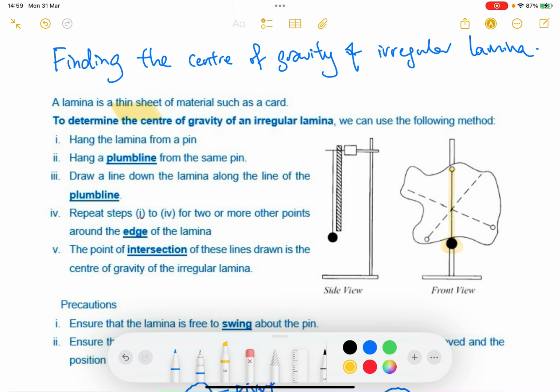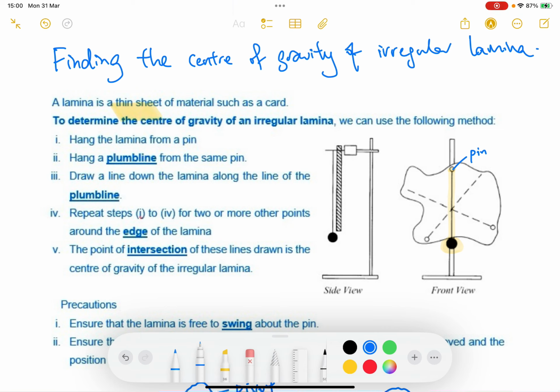So we need a vertical line because the center of gravity will always be below the pivot, right? The pivot in this case, of course, is where the pin is, and the center of gravity will always be below the pivot. Okay, I will explain a little more later.